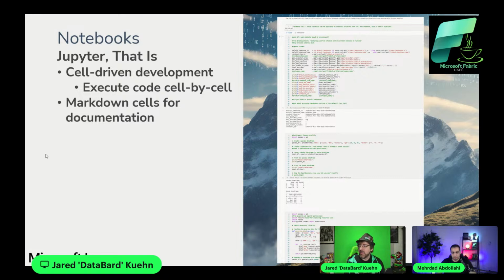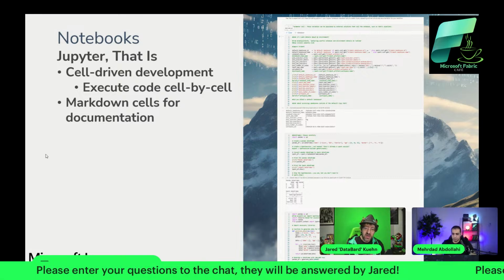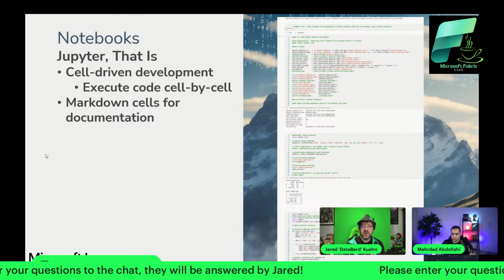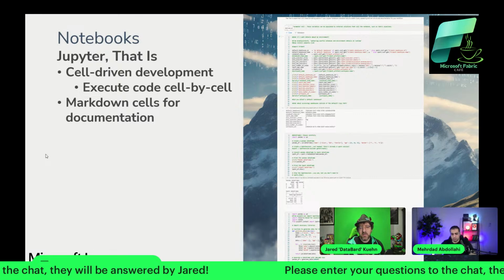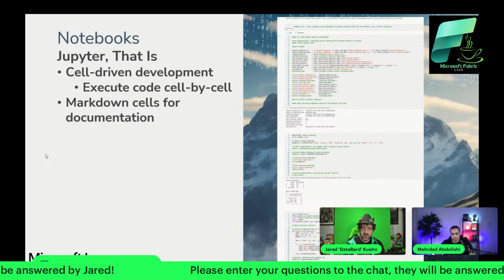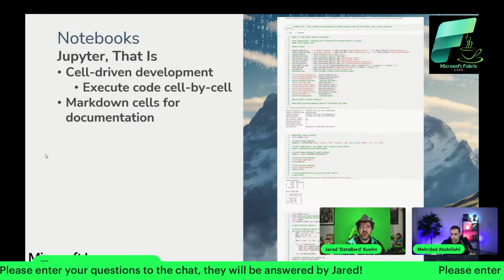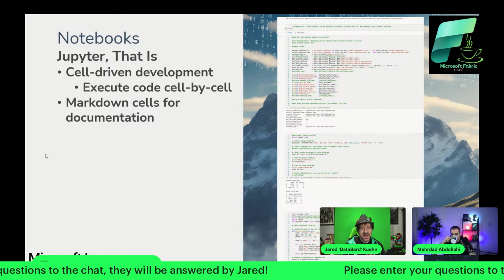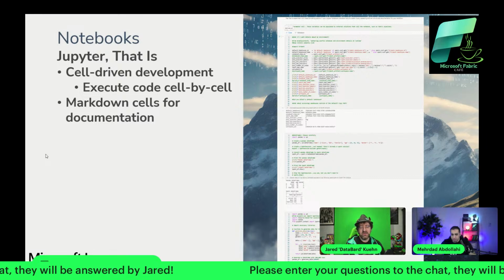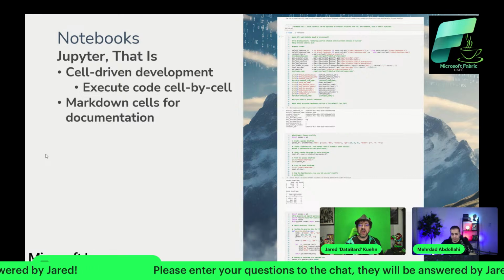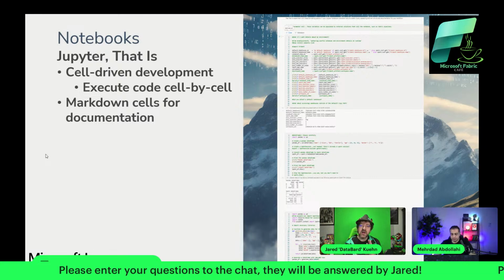Other thing I really like about Jupyter is markdown cells for documentation. If you haven't worked with Jupyter, you can create 2 types of cells, code and markdown. Markdown is purely documentation. It's an opportunity to document what is in your notebook. This is something I highly advocate for people to take advantage of, because you're going to be working in Fabric now.